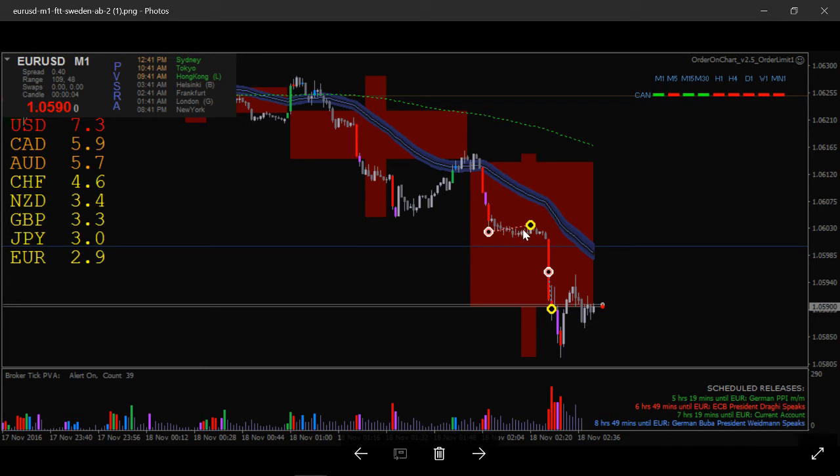In PVSRA scalping, it doesn't really take much. That's the beauty of PVSRA, because usually when you place a trade, it only takes a few minutes and then boom, it goes, right? So this one was taking much longer than I was expecting. It started to go up like this, and then I thought, okay, let me close it.